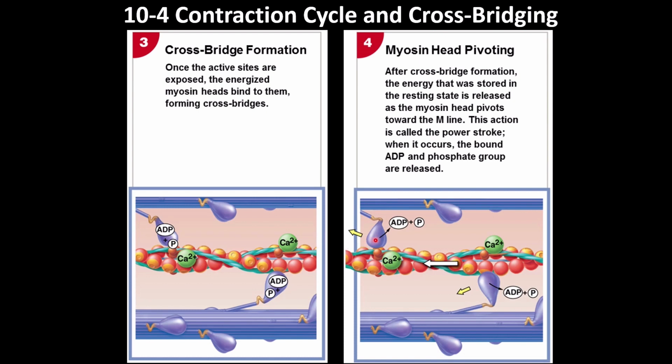Then the head of the myosin moves the actin toward the midline, and that will cause a release of ADP and phosphate. This is the sliding filament theory that I talked about before. This is what's happening: the H band is decreasing, and the thin filament is sliding over the thick filament.